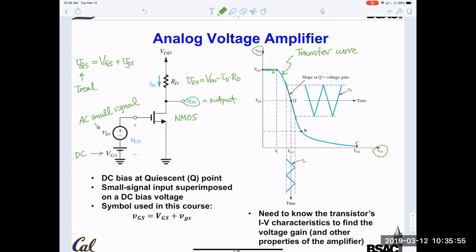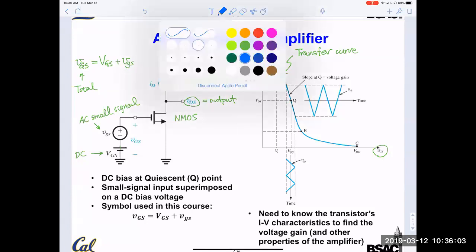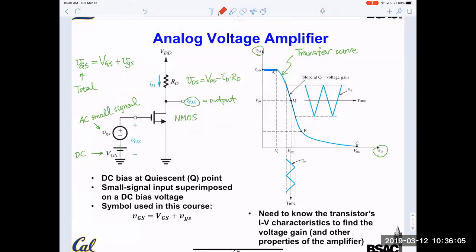So you get this flat part of the curve. Actually, let me switch to red color. As the transistor gradually turns on, above the threshold voltage, ID starts to be non-zero, and as ID increases, VDS starts to decrease, okay?